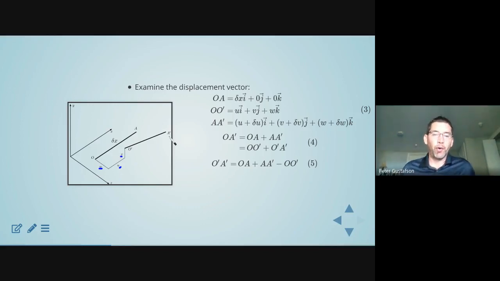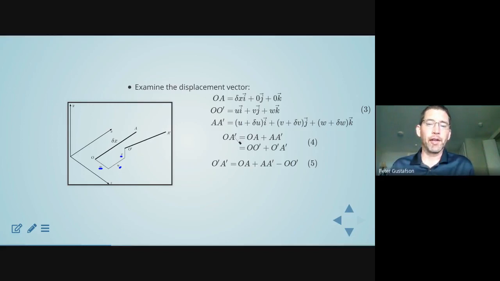Well, we're going to assume that O and A, since they're part of a single body, are going to move similarly. If these two points are close to each other, they're going to move in a very similar manner, but slightly differently.